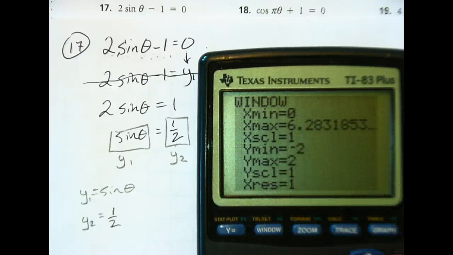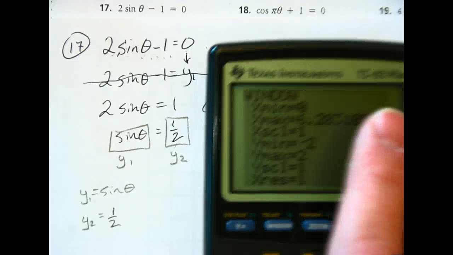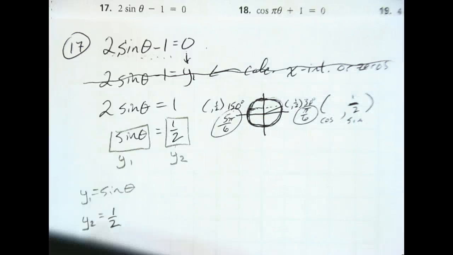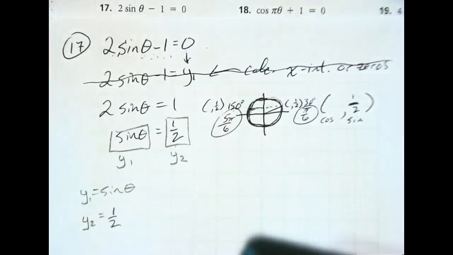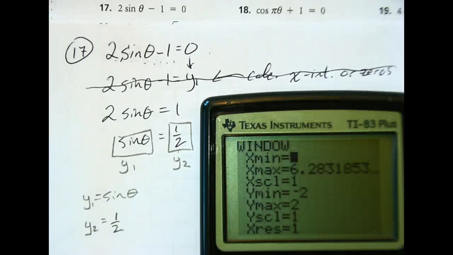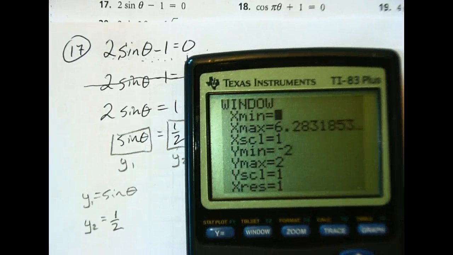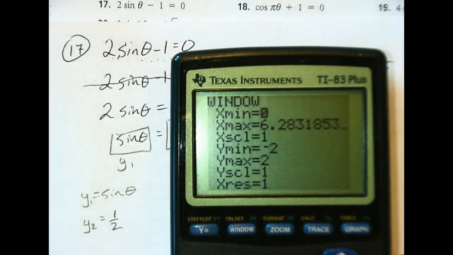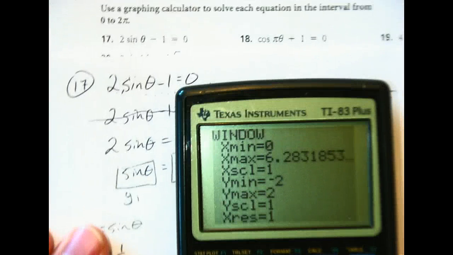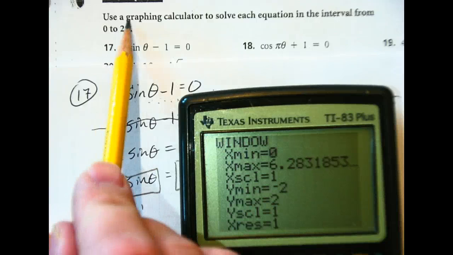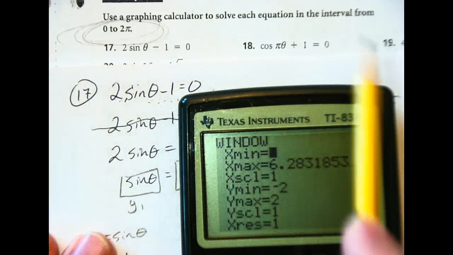So remember, when you're dealing with 0 to 2 pi for the x, you'd want to set your window from x min at 0, because we graph from 0 to 2 pi. They're telling us in the directions: find the answers from 0 to 2 pi. Solve each equation from 0 to 2 pi.